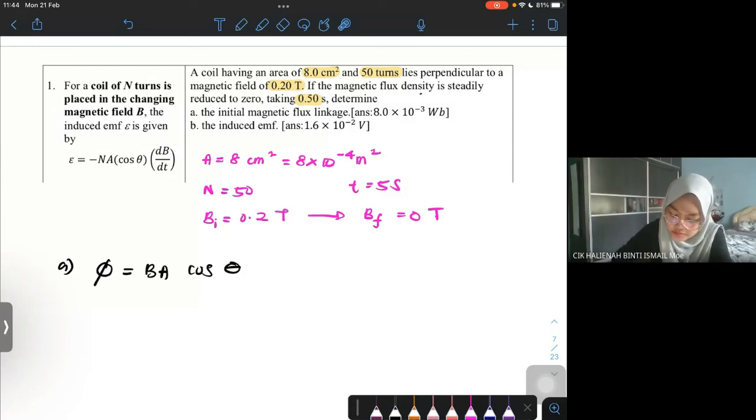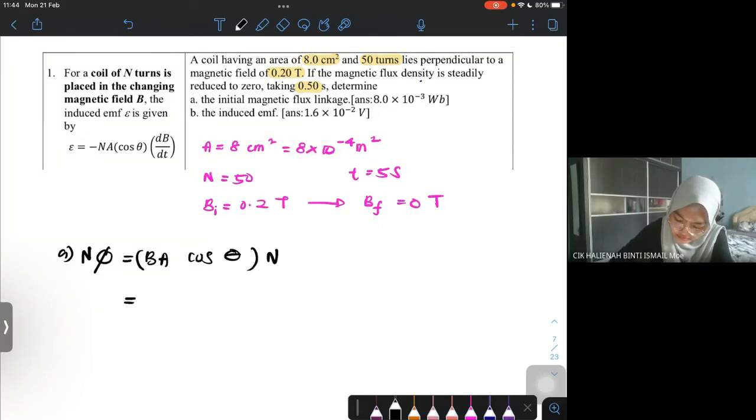If we want it to be magnetic flux linkage, we need to times with the number of turns. Since it asks for initial only, we use B initial and the area as well. So you just put in 0.2 times the area.